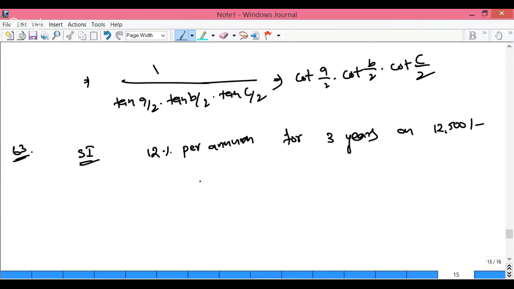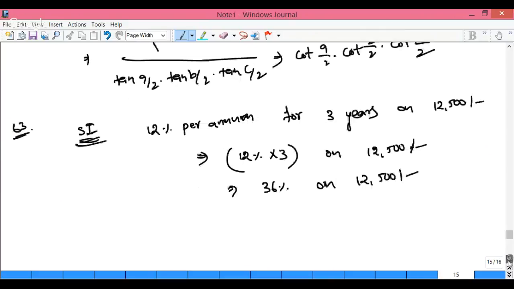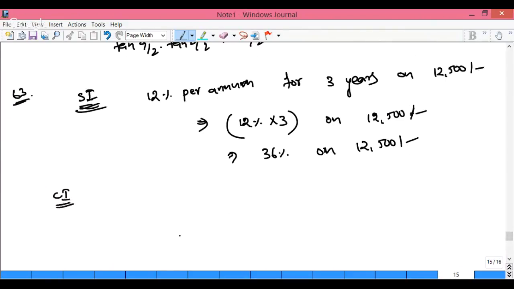The overall simple interest will be 12 into 3, which is 36 percentage on 12,500. This is for simple interest.